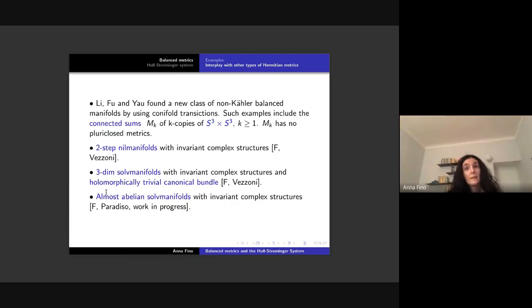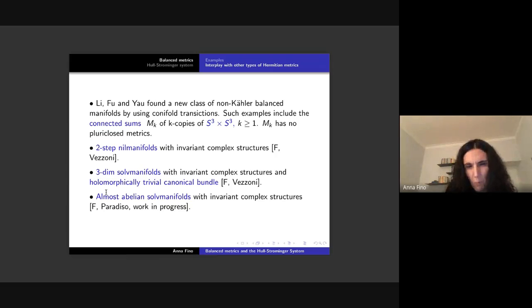We show that in this case the conjecture is true. We also show that it is true in complex dimension 3 with invariant complex structure with holomorphically trivial canonical bundle. Also in this case it is true. And recently with my student Fabio Paradiso, we are looking at this more generally in almost abelian solvmanifolds with invariant complex structure.